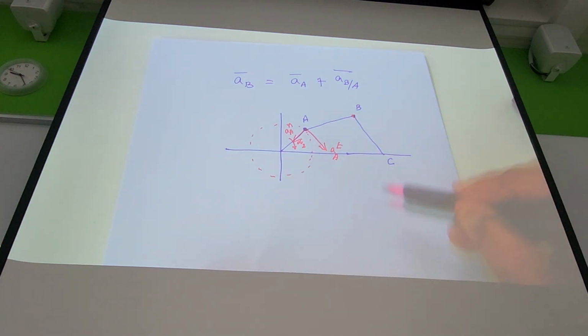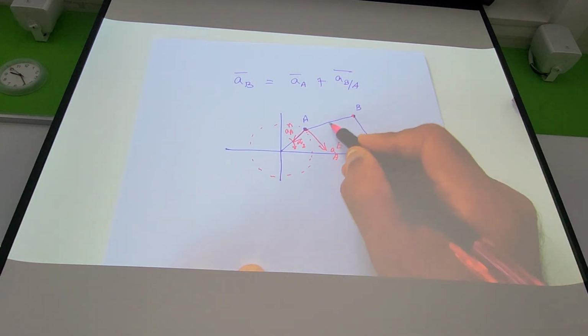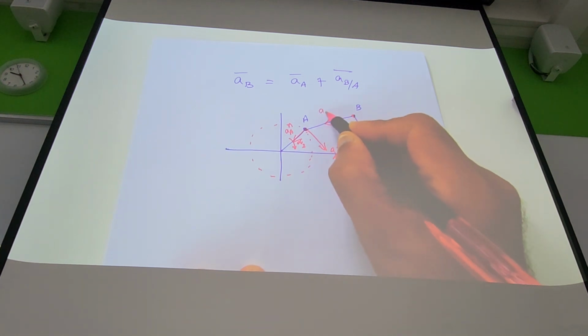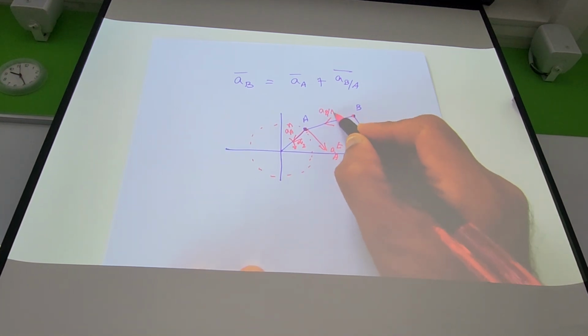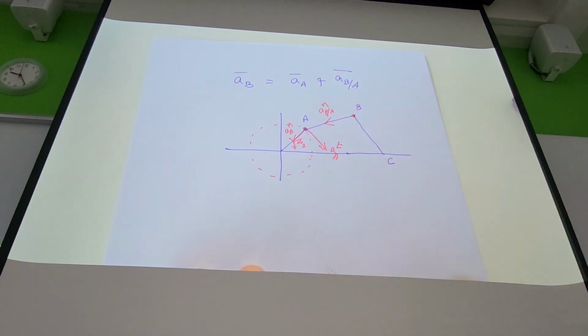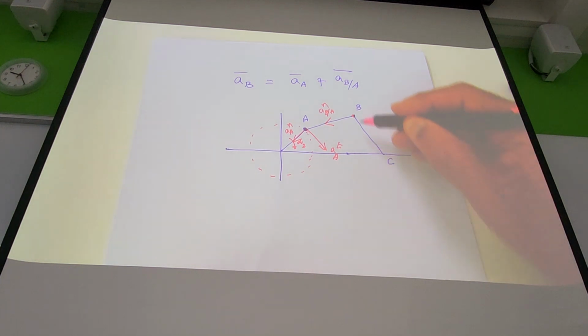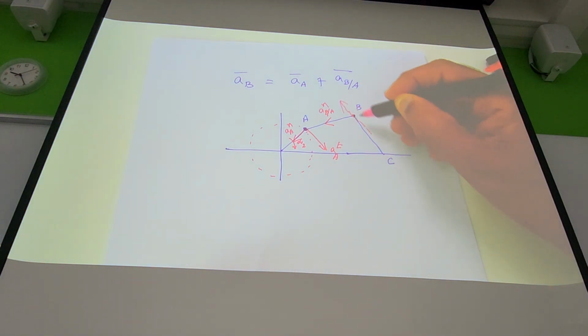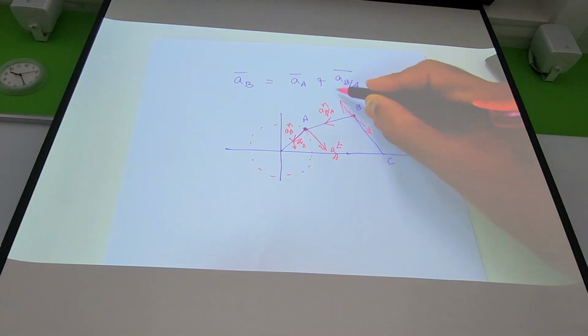Now consider point B. Acceleration of BA normal will be like this. Acceleration of BA tangent will be perpendicular to the link AB.